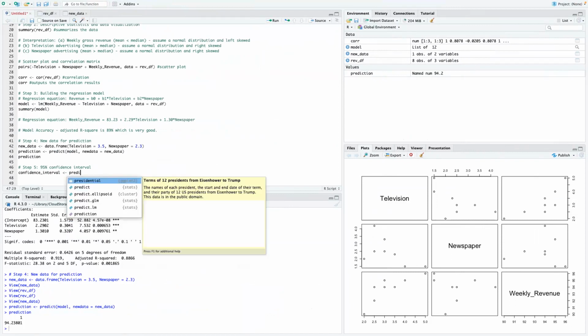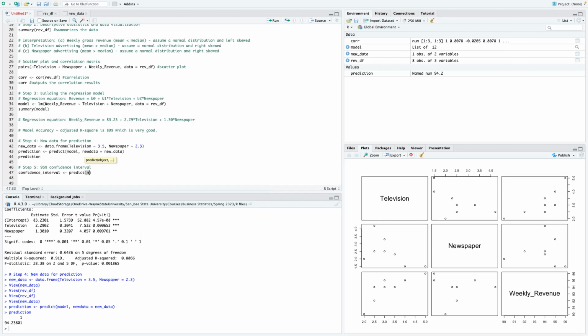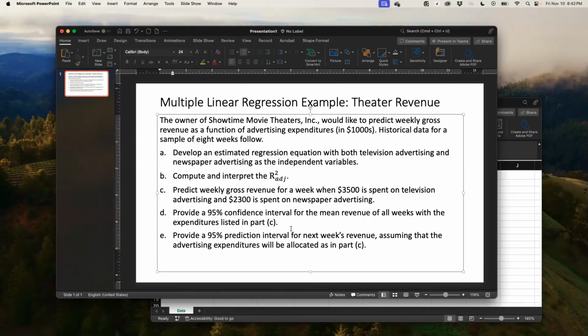So we say predict. We're still going to use the predict function for this model, with new data. So for our confidence interval, if you look at the question, it says provide a 95% confidence interval for the mean revenue of all weeks with the expenditures listed in part C, right?